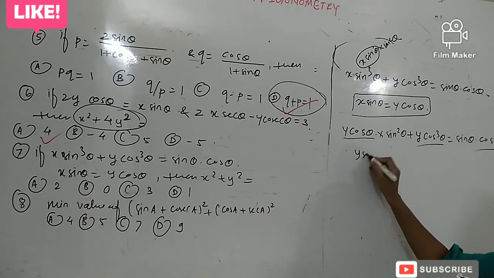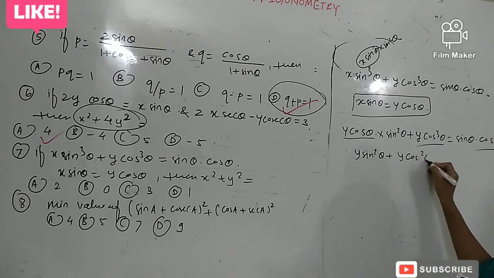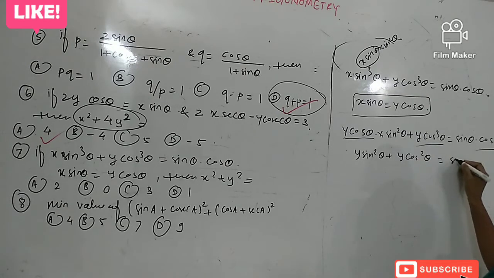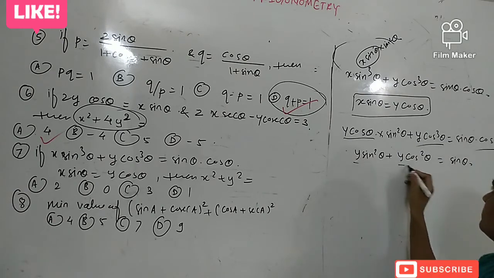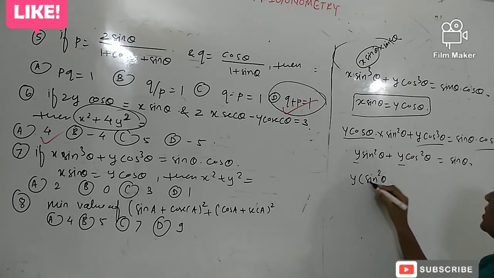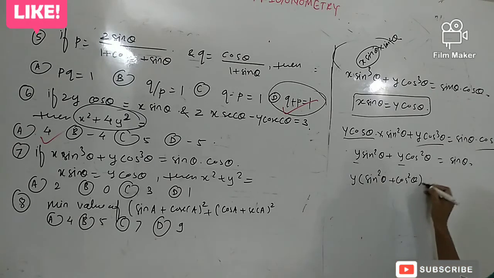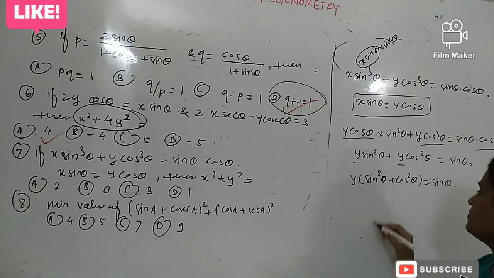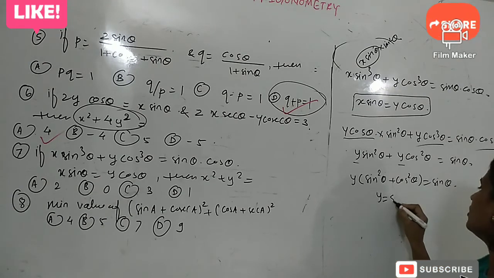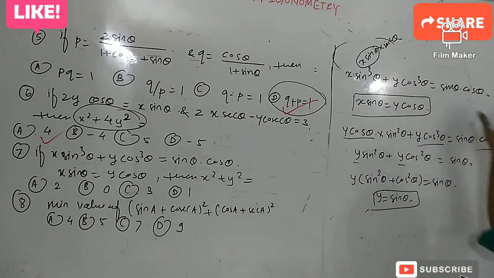After dividing, you get y sine square theta plus y cos square theta is equal to sine theta. Taking y common, it becomes y bracket sine square theta plus cos square theta is equal to sine theta. This value is 1 by the basic identity. So again we got y is equal to sine theta.